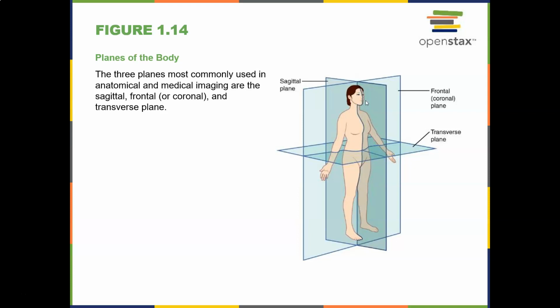So if you wanted to see a full body image, which would include the heart, the lungs, and all the GI tract, then the frontal plane would be a good image. Okay, so that might be a good quiz question. Use the frontal coronal plane to see the entire abdominal contents.